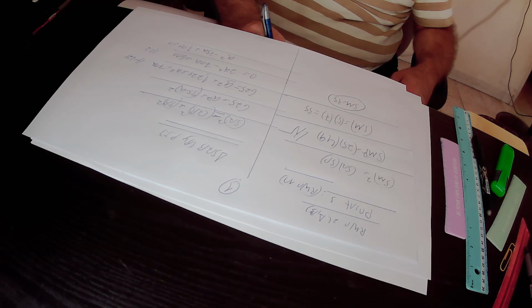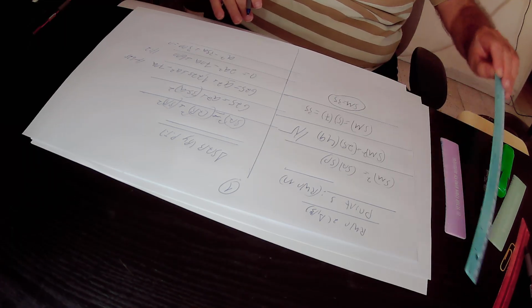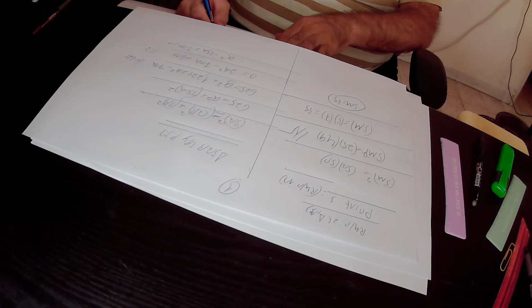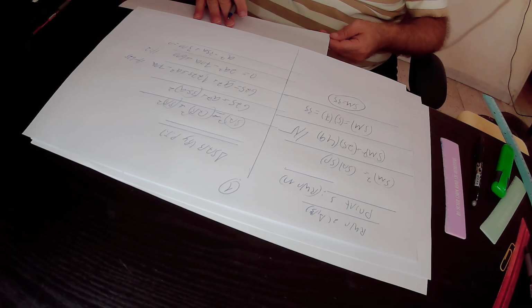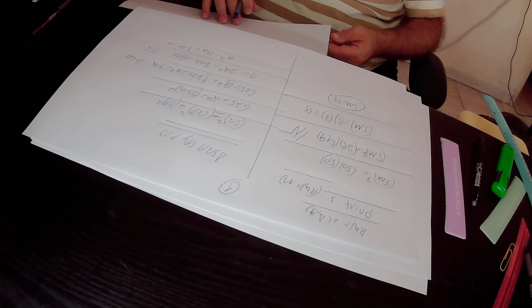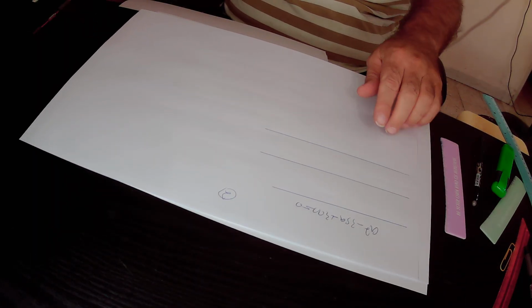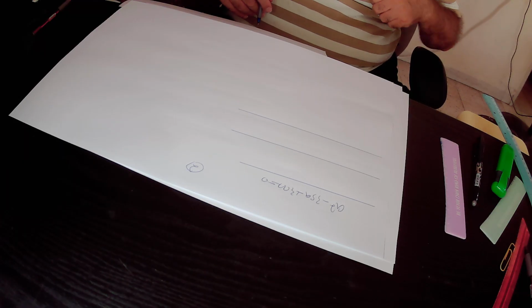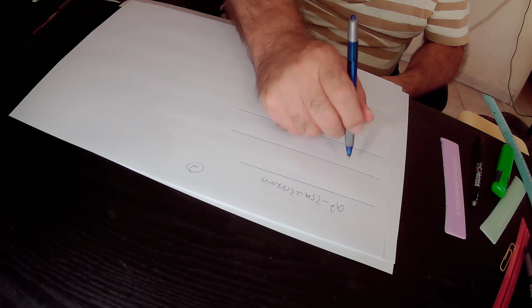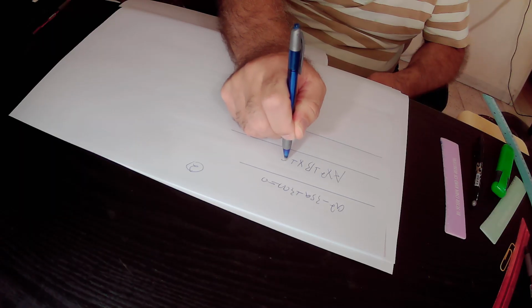So this is a quadratic equation. But again, this is a quadratic equation, and the general formula for a quadratic equation is ax squared plus bx plus c equals 0.